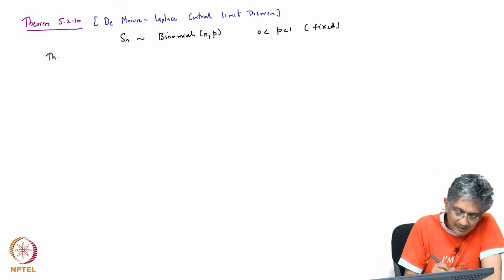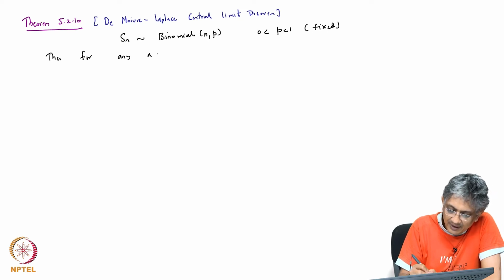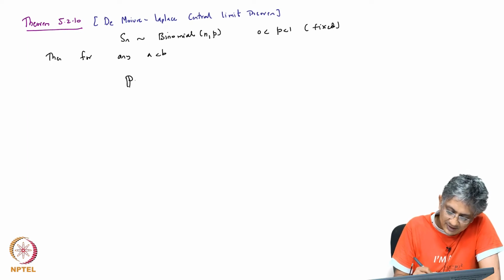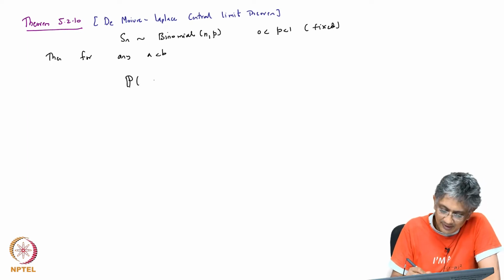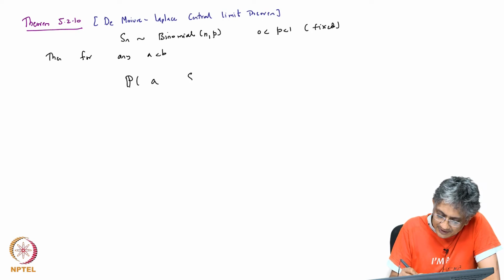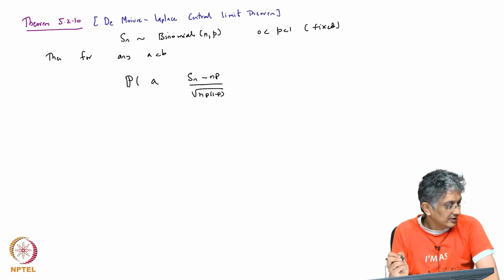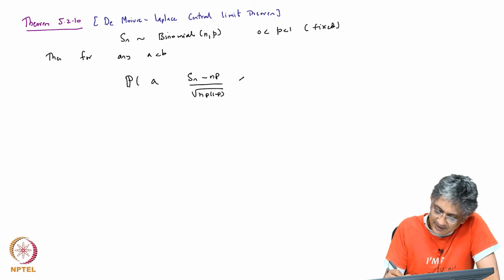Then the remarkable thing is, for any real numbers a less than b, you look at the chance that your binomial, centered by its mean and standardized by dividing by the standard deviation, lies between a and b. You standardize a random variable. So that's between a and b.